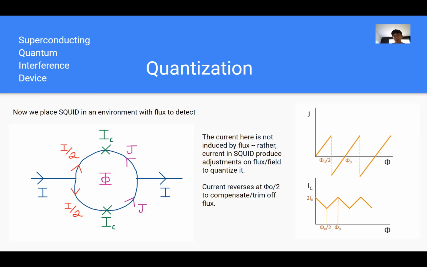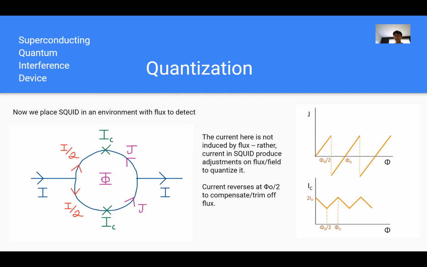And if the flux is larger than half the quantum of flux, it will induce a current that adds on to this flux.